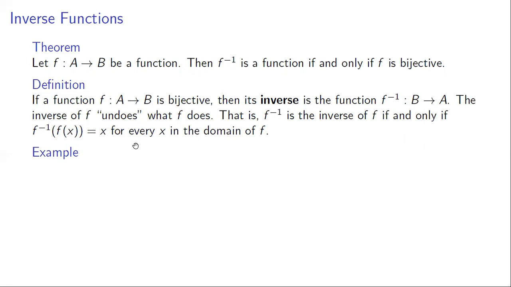Here we have a function f, and if we give it an input of x, we do f of x, so we apply the function, and then we apply the inverse to that result, so we do f inverse of f of x, we should get x. Meaning f does something to x, and then we take that result and give it into f inverse, and we get back the original thing. So f inverse undoes whatever f does.